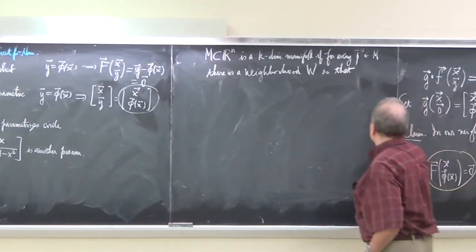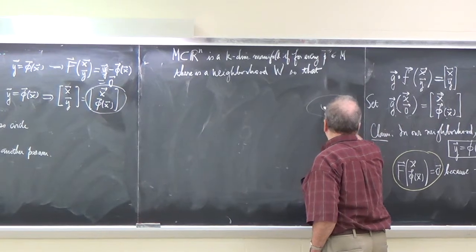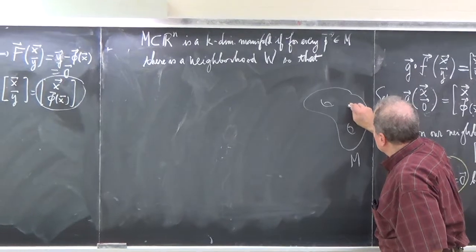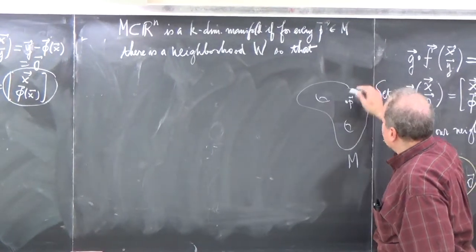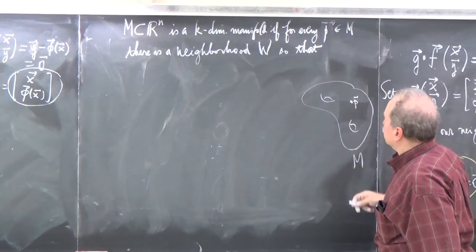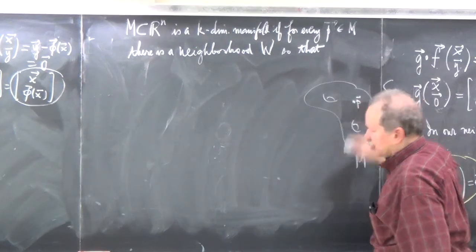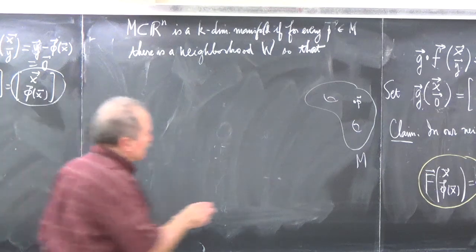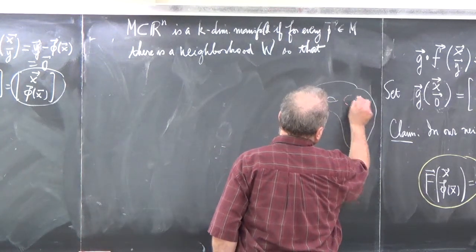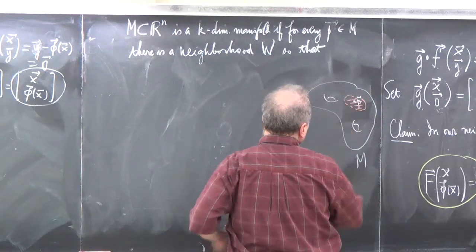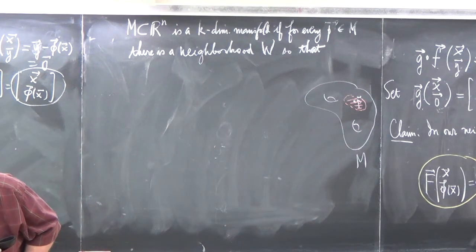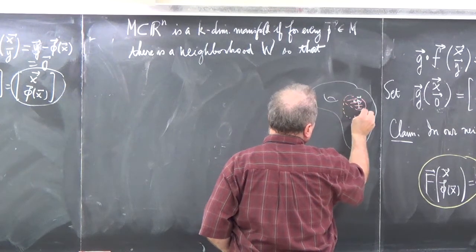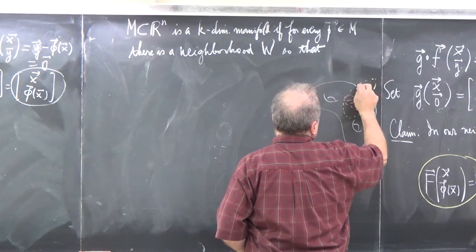So here you have your manifold. And I'm saying for each P, you can find a neighborhood in Rn, so you can find an open set in Rn, so that the piece of M near P in that neighborhood, so in this case it would be something like that, and my neighborhood would look like some open chunk of R3. So it would be going down below and coming out above, and that would be my neighborhood.